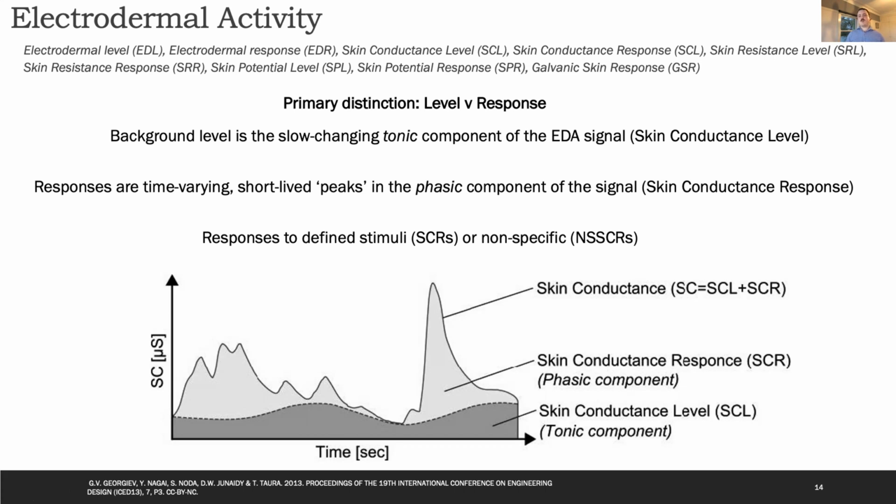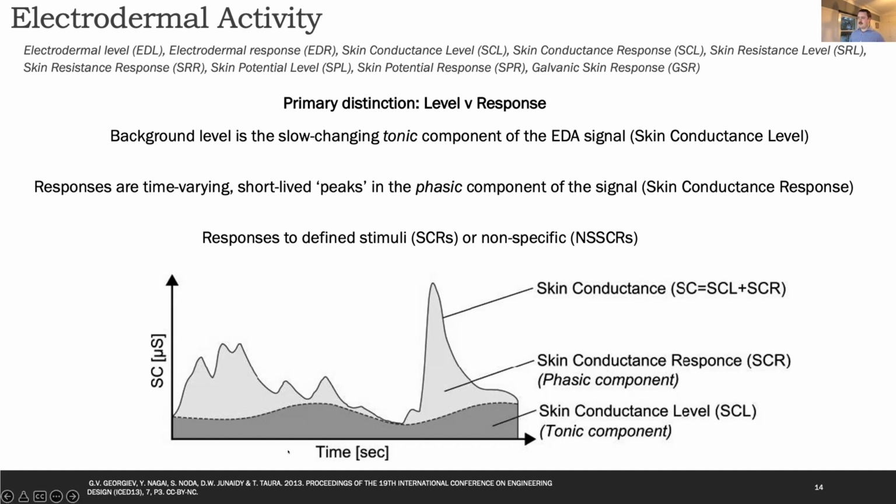But often what we do is we break this down into two main components. The first is the tonic component, and you can think of this as the background level of sympathetic nervous system activity. It's very slow moving, and it's more reflective of the homeostatic general level of the system. And it changes very slowly over time. And this is what we call skin conductance level.